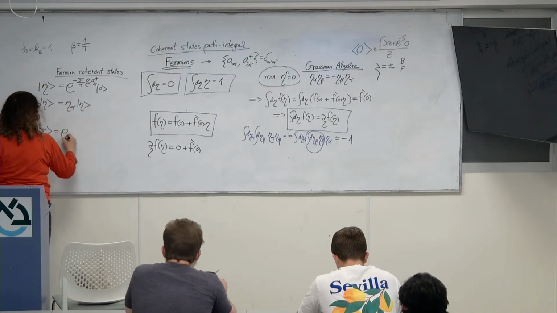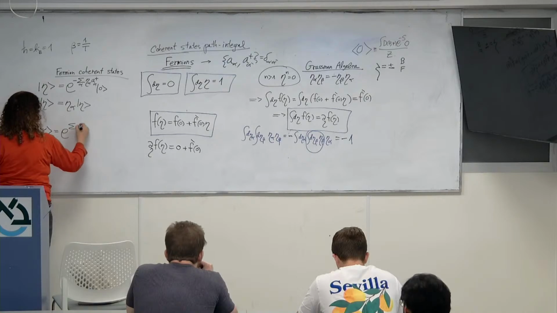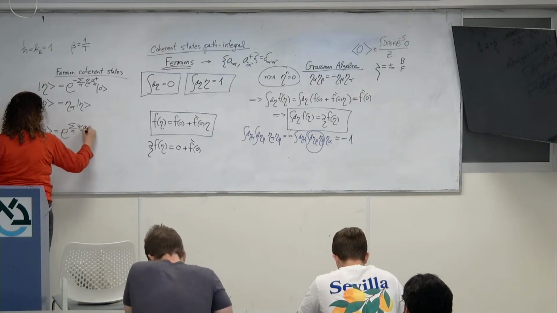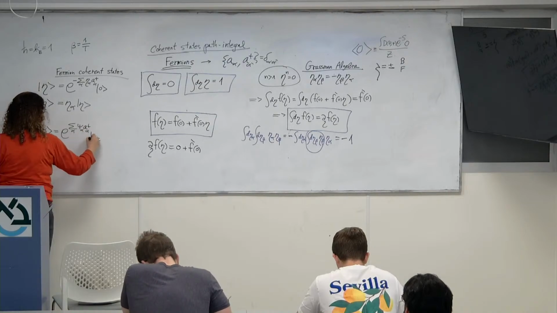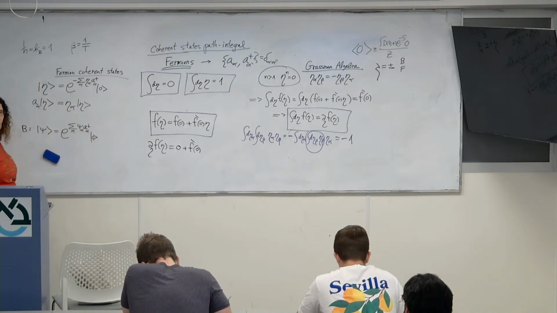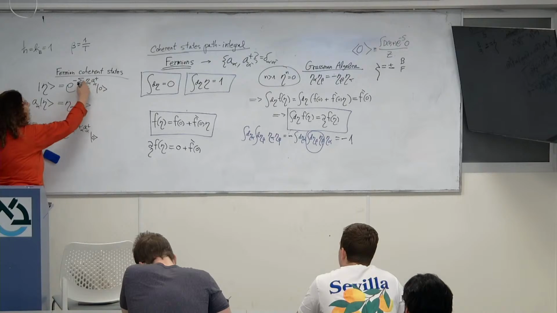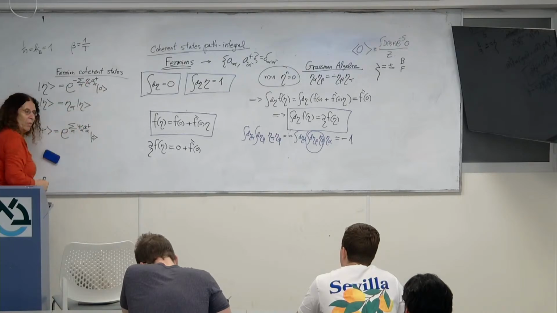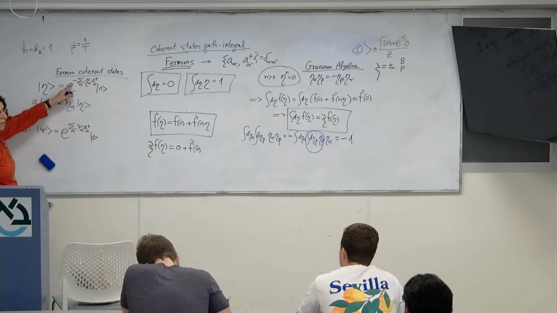Coherent state was... this is for bosons. What's the difference? Two differences. First of all, these are complex numbers. These are the Grassmann variables, but there is another difference. There's a minus sign. Okay.